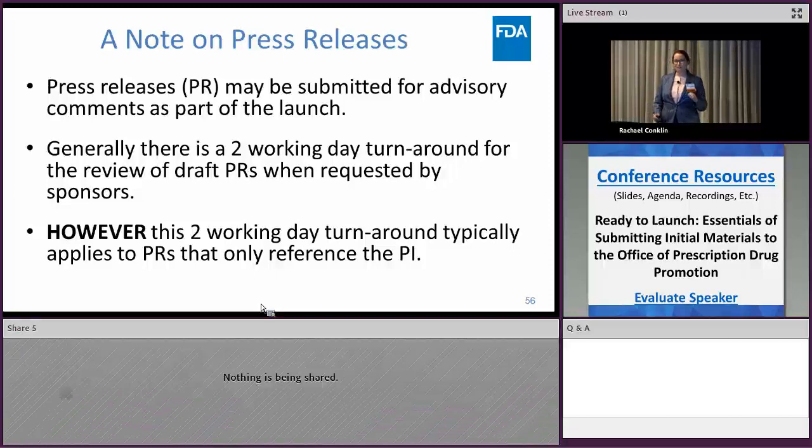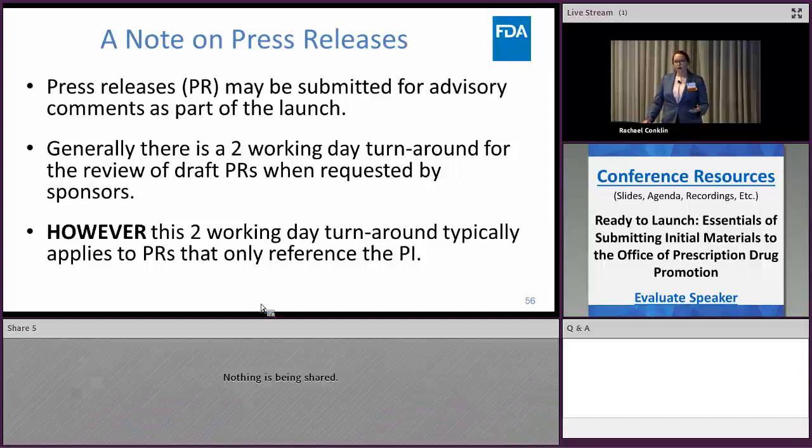However, there have been situations where we have received press releases that are very complex. They include a lot of claims or presentations that are outside of the package insert, so a lot of extra data, anything like that, that requires a higher level of review or requires us to reach out to our review division and consultation, which can obviously delay the review process.